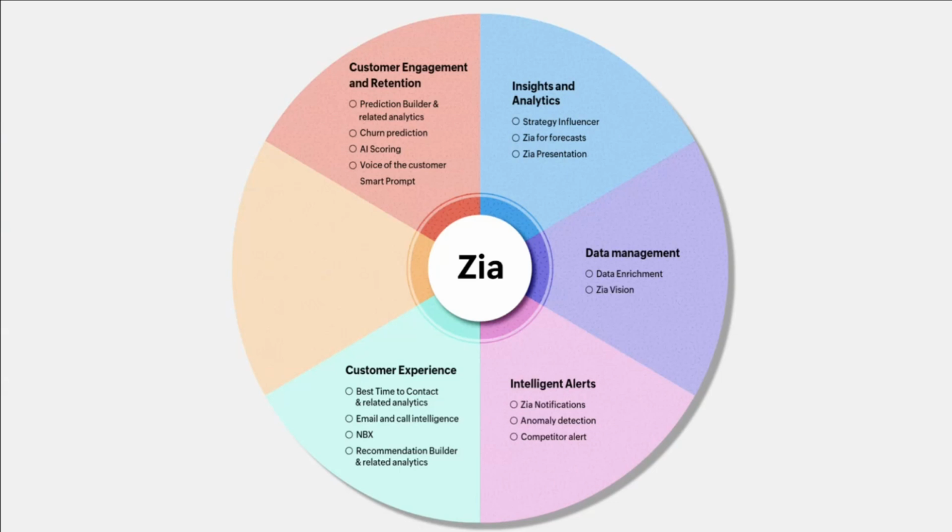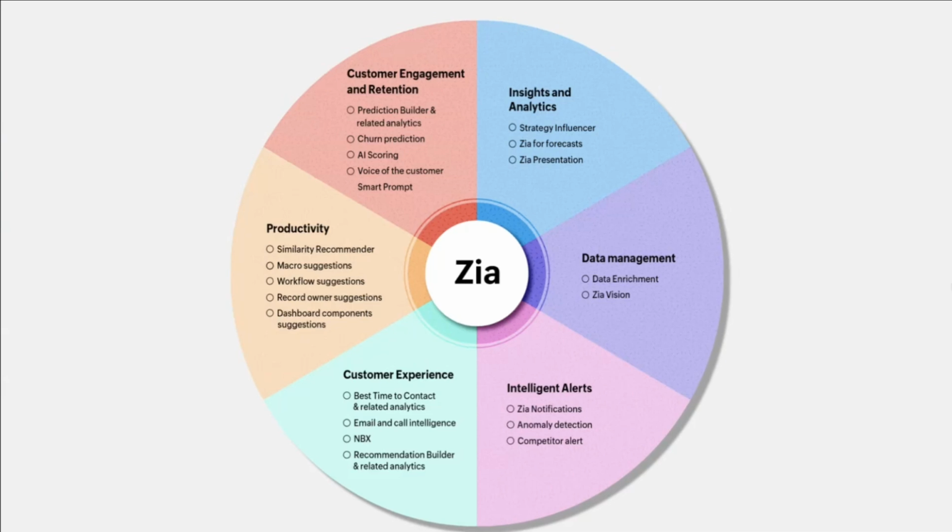And last but not the least, we have Zia's productivity features. These automate repetitive tasks and offer practical suggestions, enabling users to concentrate on important strategic tasks, resolving the problem of inefficient resource utilization. Now that we have an understanding of Zia's capabilities, let's head straight into the agenda.